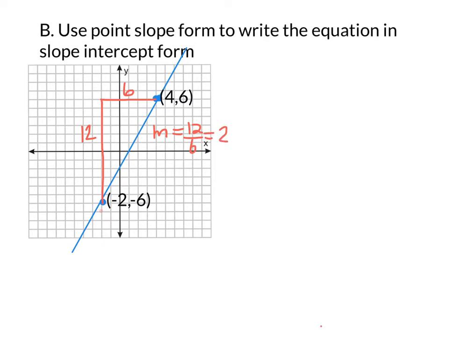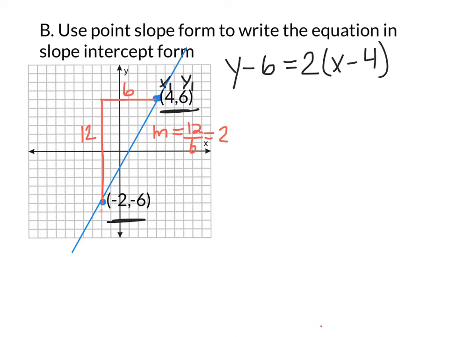Now in this one, I can use any point I want. I can use the 4, 6 or the -2, -6. I kind of prefer the positive numbers, so let's use that one. Y minus y1, that's 6, equals m, which is 2, times x minus x1, the 4.